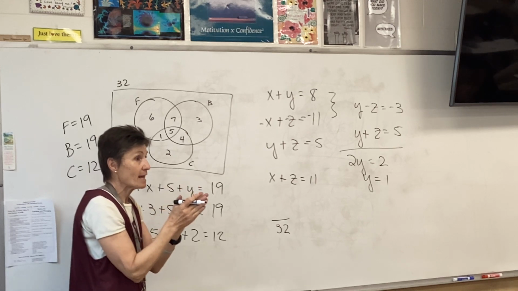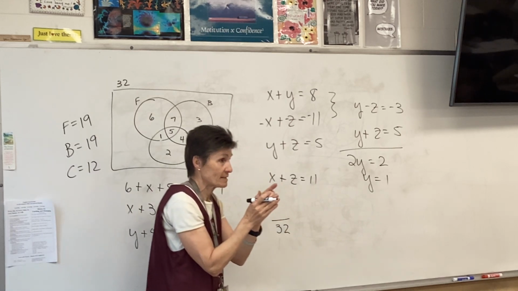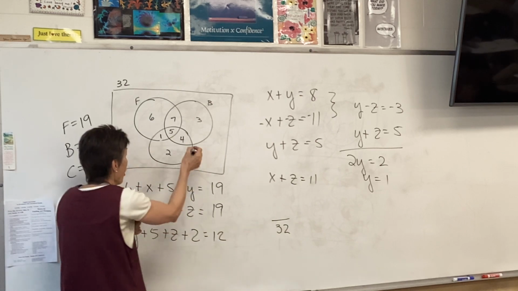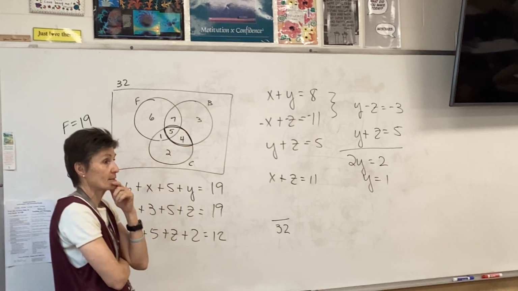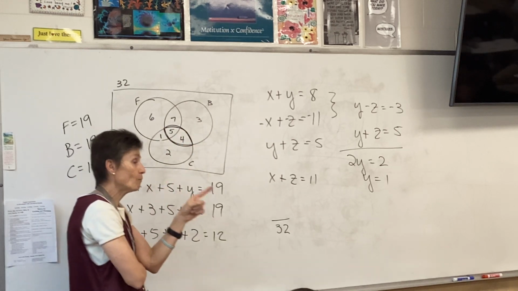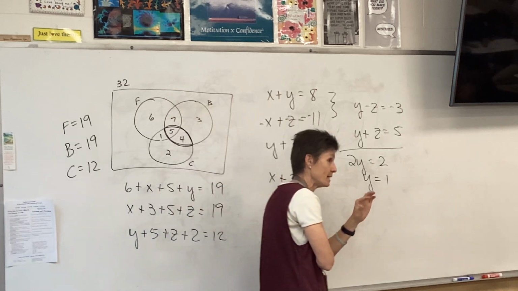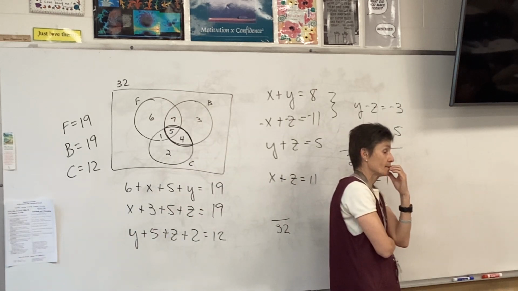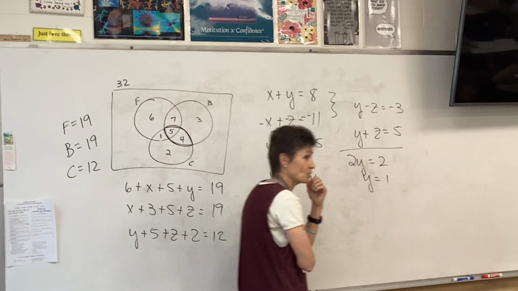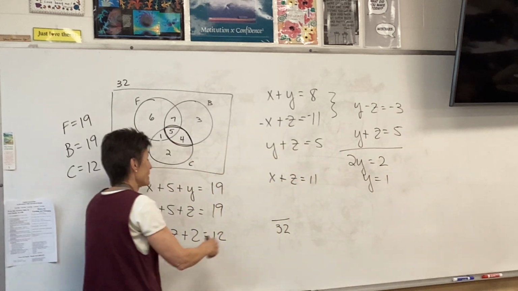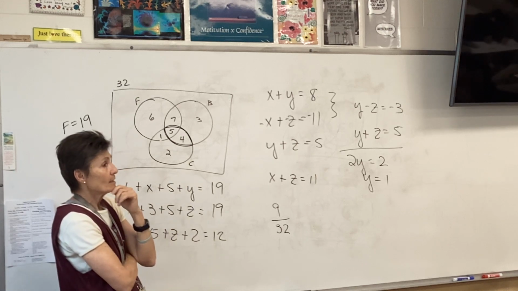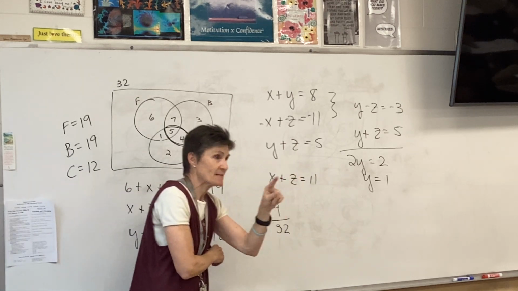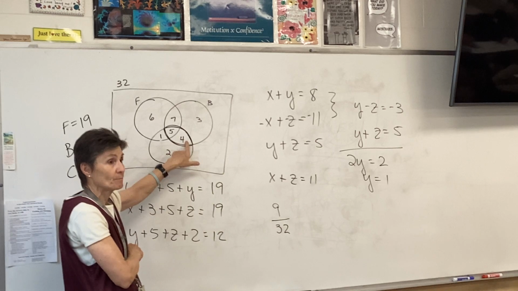It doesn't say only Chevys and Buicks. Aren't these kids right here the ones that like Chevys and Buicks? They're the overlap of the C and the B. So how many kids like Chevys and Buicks? So your answer is 9 over 32. If it said like only Chevys and Buicks, then it would be 4.